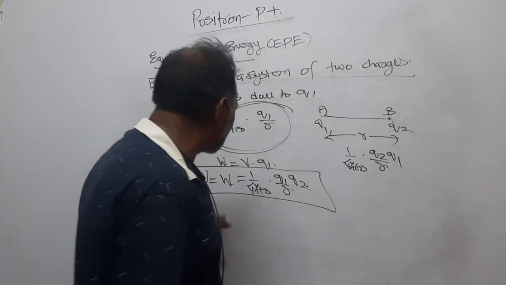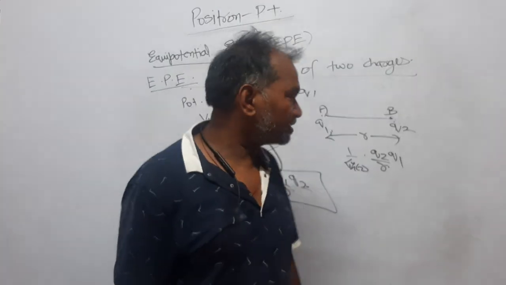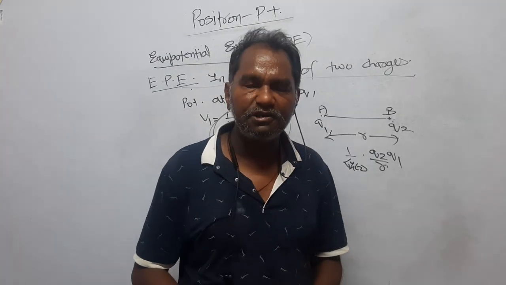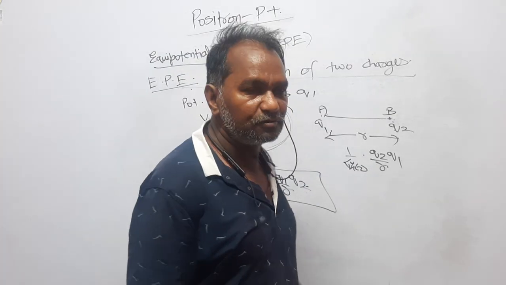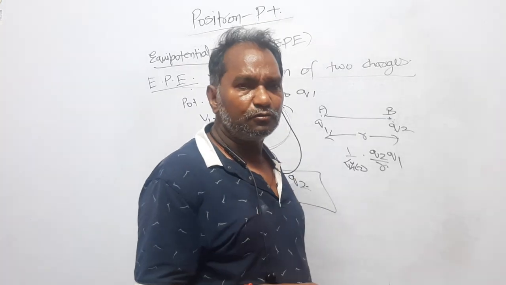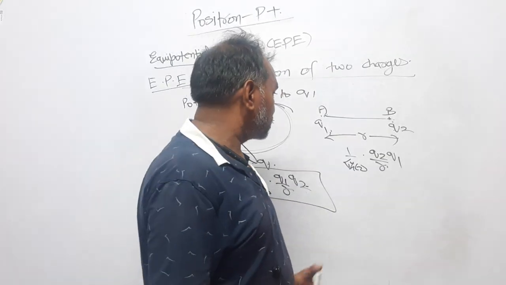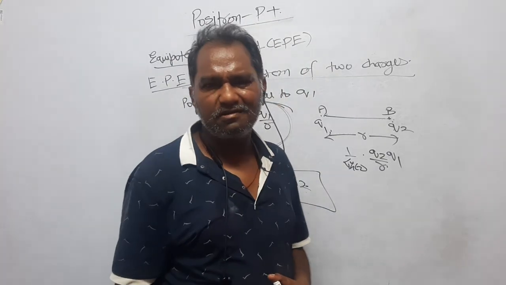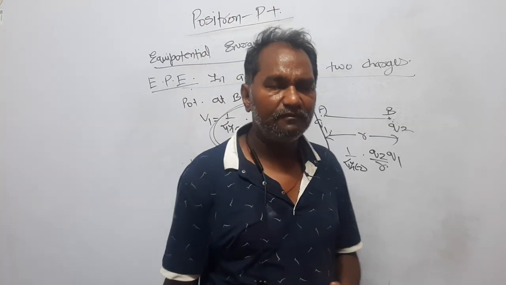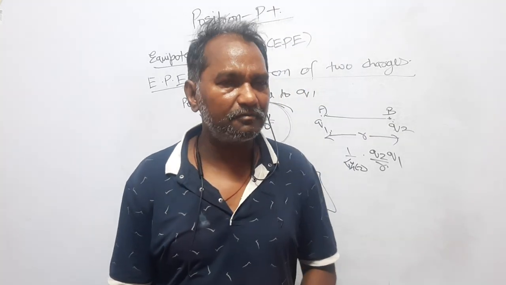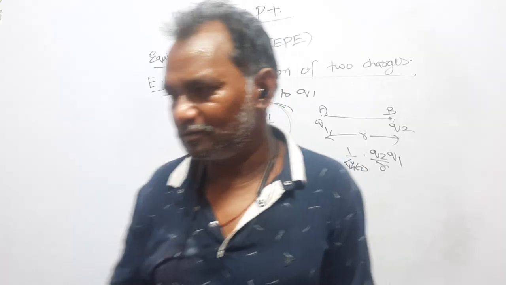So in both cases you get the same answer. Whether you first find the potential due to Q1 at the position of Q2 or the potential due to Q2 at the position of Q1, and then use W is equal to V into Q, in this way you will be able to find the electric potential energy of a system of two charges.